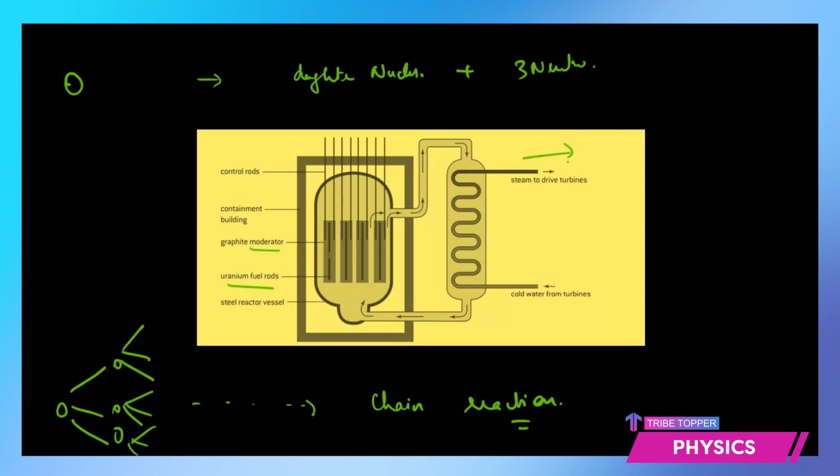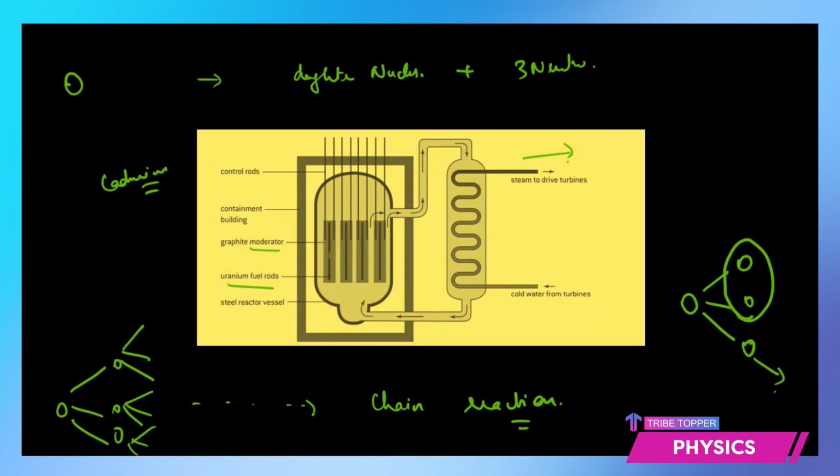The control rods are generally made of cadmium. They absorb the extra neutrons. So when a neutron hits and produces three neutrons, two will be absorbed and one will be left to carry on the further reaction. That way it becomes a controlled chain reaction.